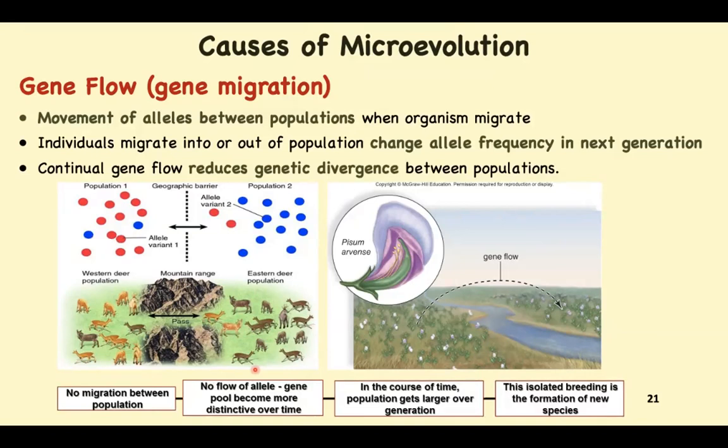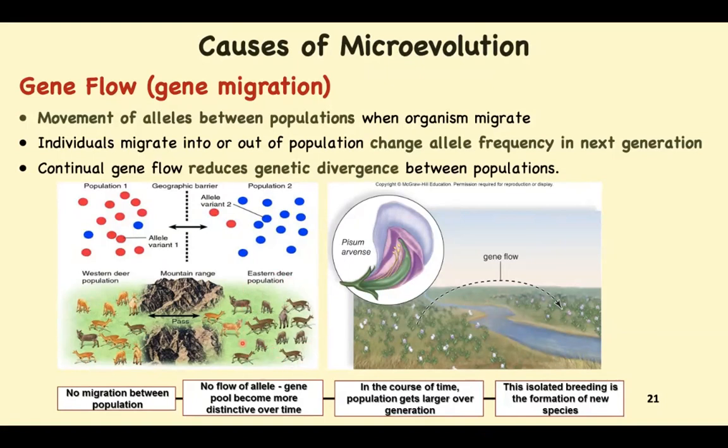So in over time, the population ni gets larger over generation and lama-lama it can be not capable of interbreeding dengan population yang lain, yang sebelah ni, yang western deer. Why? Because they dah go through, we call it as reproductively isolated. Okay, dia dah breed sesama dia sahaja.